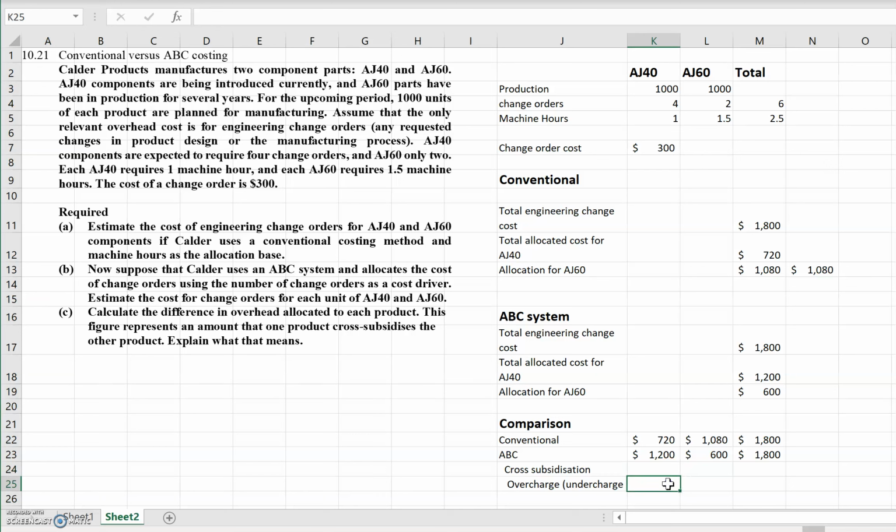So what we've got here is an undercharge, isn't it? So that's a minus 480. So we've undercharged 480 on this one, and we've overcharged 480 on that one.